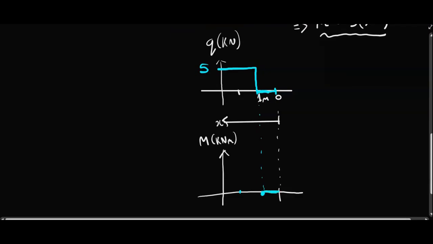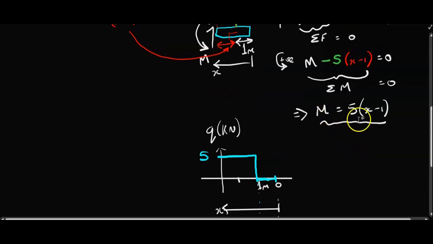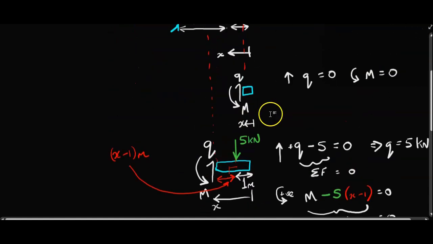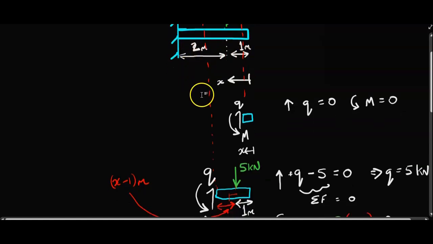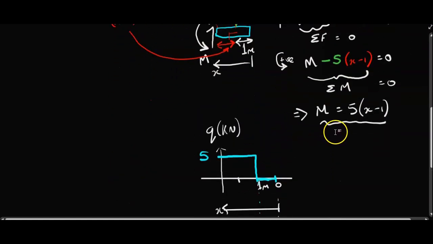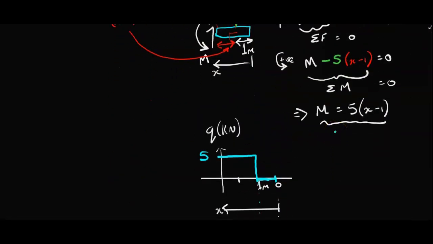And then if we inspect our equation, it might be easy if we write it in again. This one here, M equals 5 bracket x minus 1. So that's a linear equation, isn't it? And what we need to do really is substitute in the values at the endpoints. So I would substitute in the value for when x equals 3, which is the total length of the beam, and that will tell us what the moment is at the root of this beam, the reaction conditions, if you like.